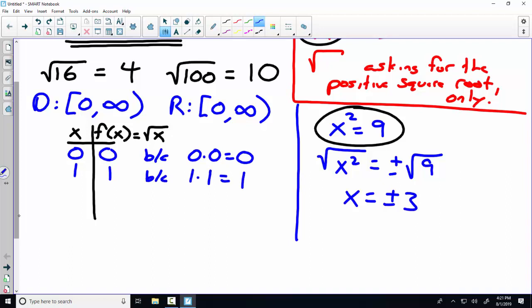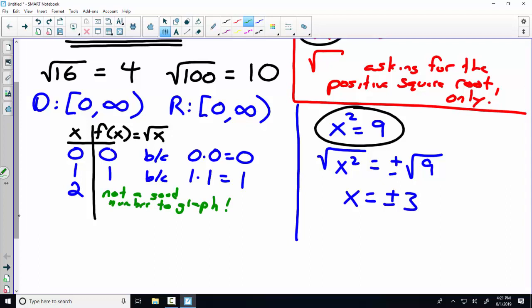Now, can you take the square root of 2? Absolutely, but the square root of 2 is a nasty decimal, so it's not a number we want to take the square root of for the purposes of drawing a sketch of the graph. Even though this is allowed, this number right here is not a good number to graph. It's irrational.